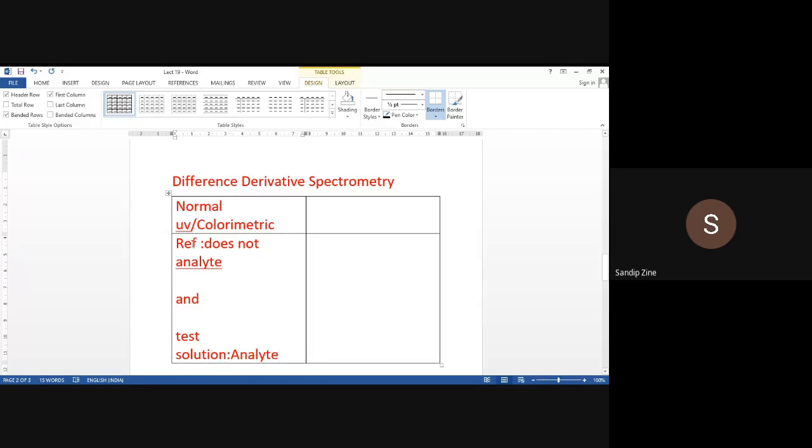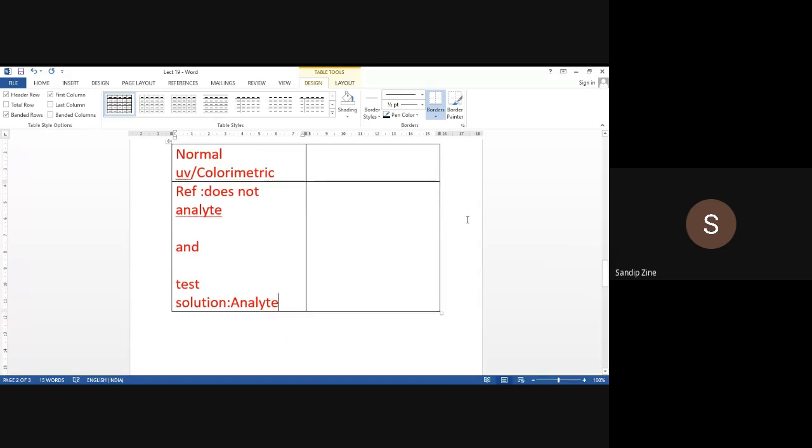And when we scan this compound, we can easily observe the peak. We set the blank to zero, and we measure the absorbance of our analyte, the test solution, on a spectra against blank.